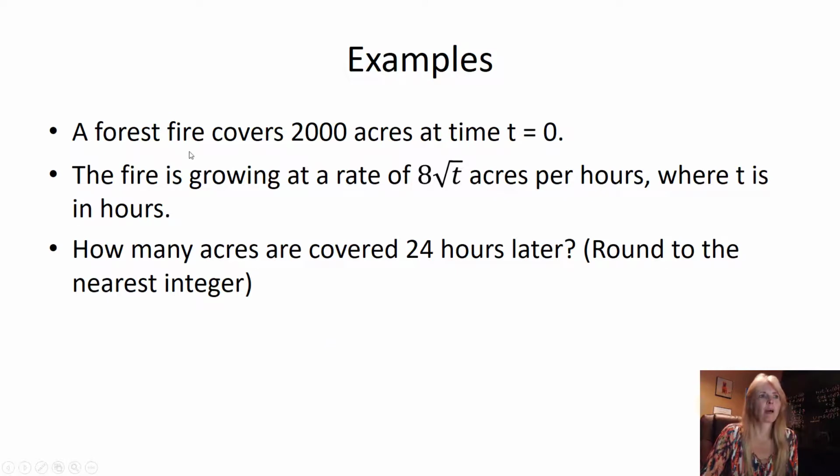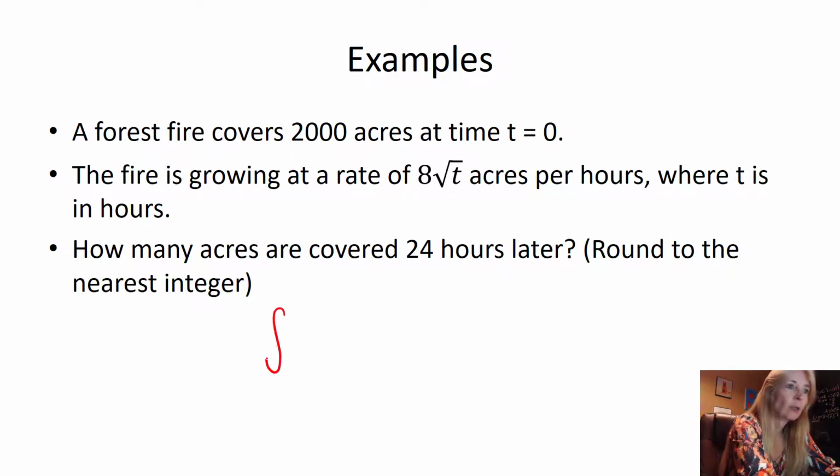All right, it says a forest fire covers 2,000 acres at time t equals 0. The fire is growing at a rate of 8 times the square root of t acres per hour, where t is in hours. So this is the rate that it's growing, this fire. How many acres are covered 24 hours later? So again, we're trying to get you to read this problem and understand how to write this as an integral.